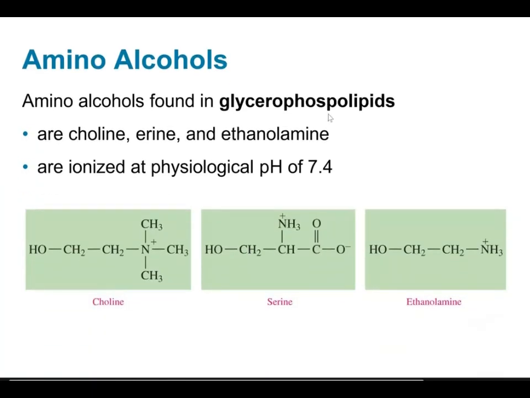So there are 3 amino alcohols that are found in glycerophospholipids: choline, serine, and ethanolamine. Okay? Now, why do we call them amino alcohol? Let's take a look at the structure.